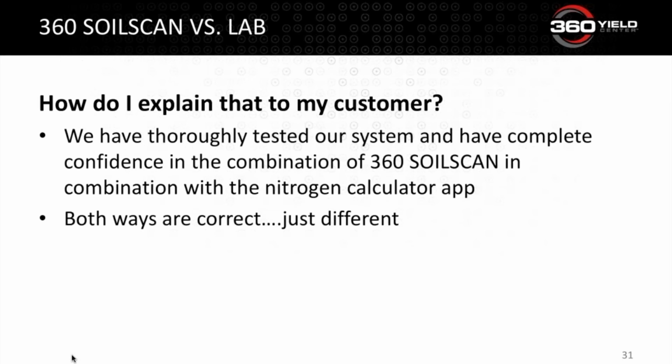So the question then is, how do I explain that to my customer? I'm not even sure I get it, but how do I explain it to the customer? Here's what I'd say. As part of our system, the complete 360 system, we've taken the results of the soil scan machine and combined it with our nitrogen calculator app, tested that, and I'll show you some data in a minute.